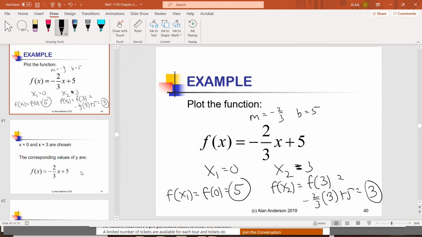So what I've just done is proven that the points 0, 5 and 3, 3 are on the line. And now we know from our understanding of the slope intercept form, we can actually now just go grab 2 points. And when combined with the intercept, we should have no trouble drawing this thing.